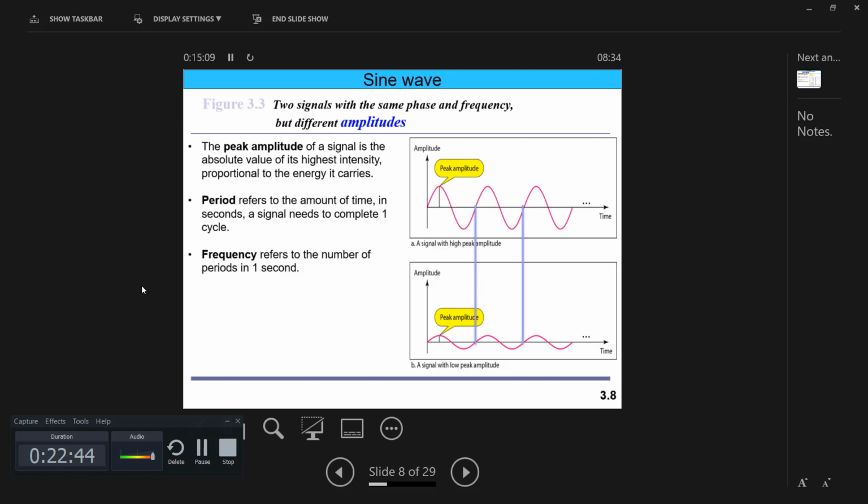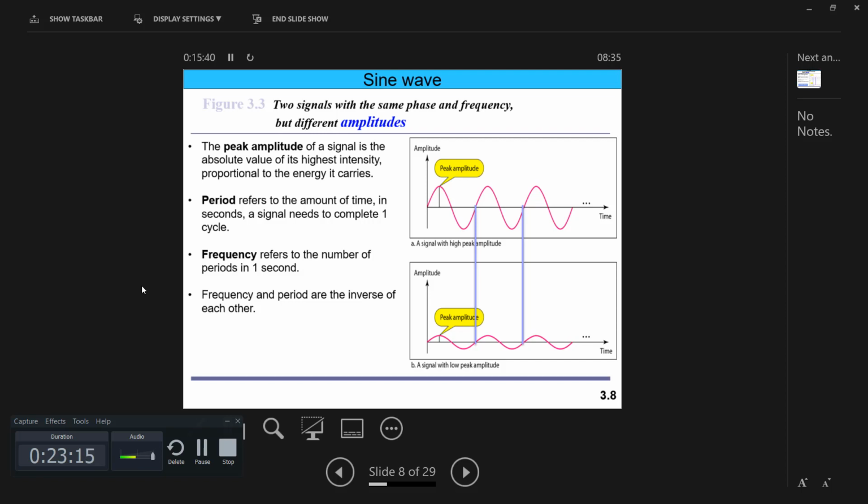Okay. So now we have the peak amplitude of the signal, the period, and the frequency. From this definition, if I increase the number of periods, I increase the frequency. And to increase the number of periods, I need to decrease the time of the period. So the frequency and the period are inversely proportional. If the period is very large, it's a slow signal, so the frequency is low.